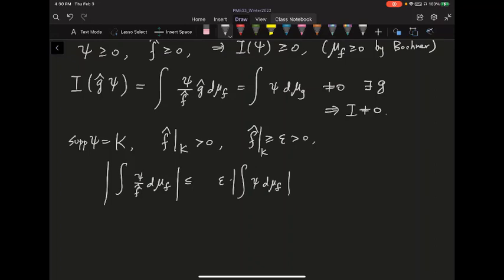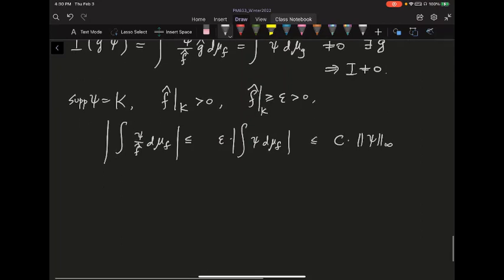So that's bounded by some constant times the norm of ψ. So basically the constant is ε times the norm of μ_f. But in any case, this is also bounded. So basically, we show that this I is indeed a bounded linear functional, non-zero, and positive.